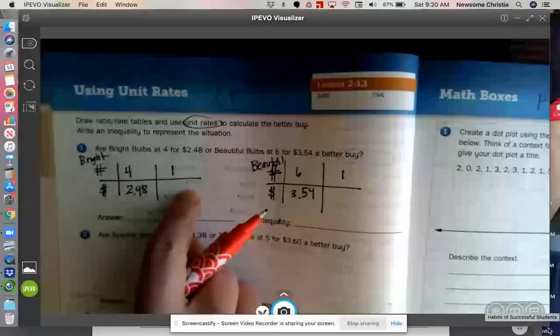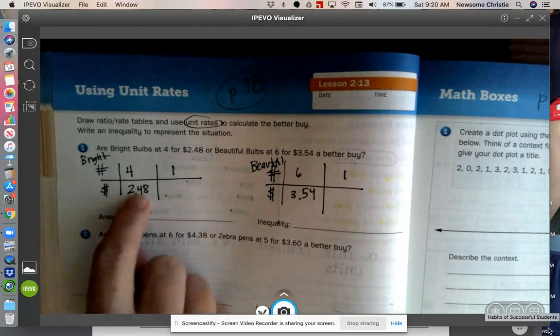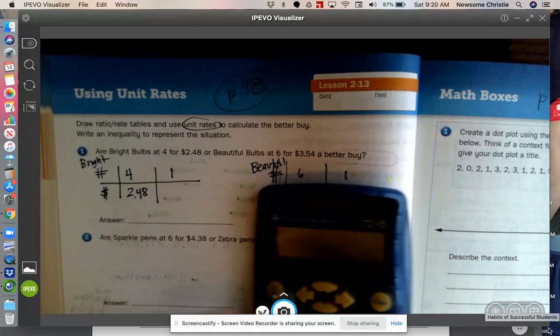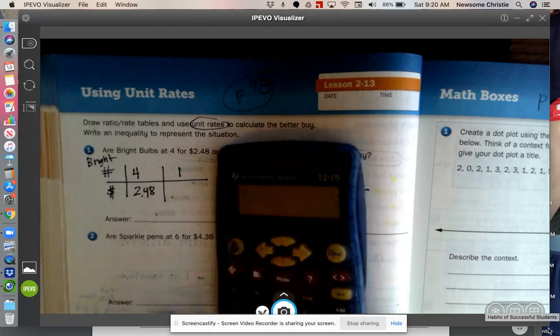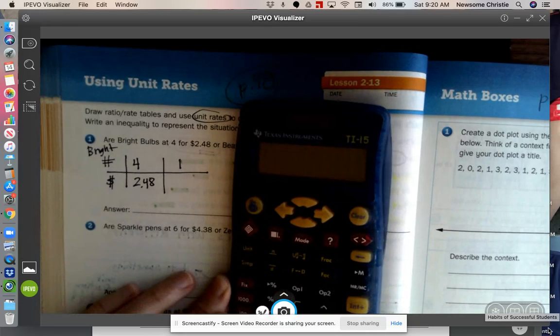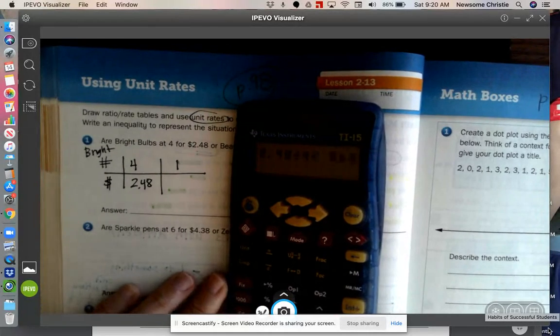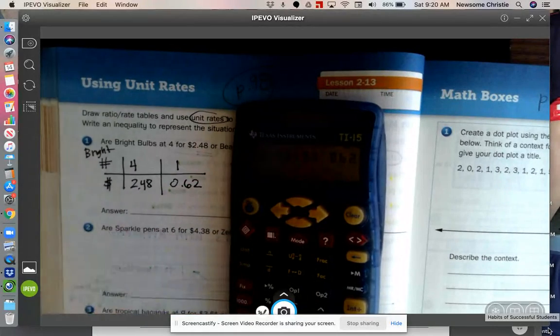And that is going to help us decide which is the better buy. So over here, if 4 bulbs cost $2.48, don't we just divide by 4 to figure out how much one bulb would cost? Yeah, we just want to find out how much one would cost. So we're going to take that $2.48. We're going to divide it by 4. And we get that one bulb at this store is 62 cents.